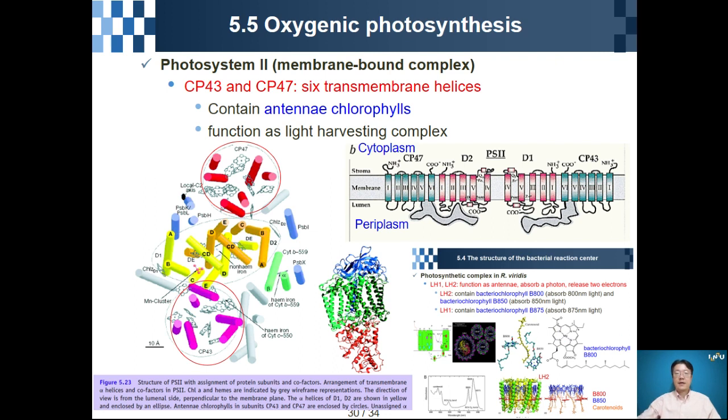Okay, and CP43 and CP47 function as the light harvesting complex. So bacteria have LH2 and LH1, but instead of LH1 and LH2, they have CP43 and CP47. They have the 6 transmembrane helices.